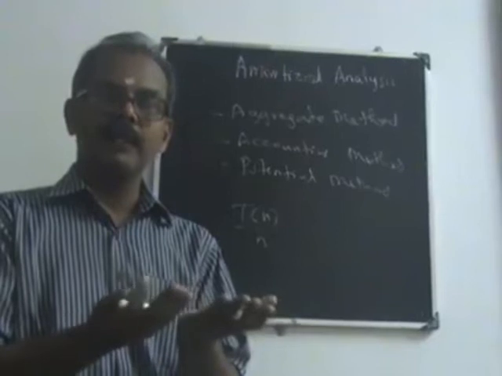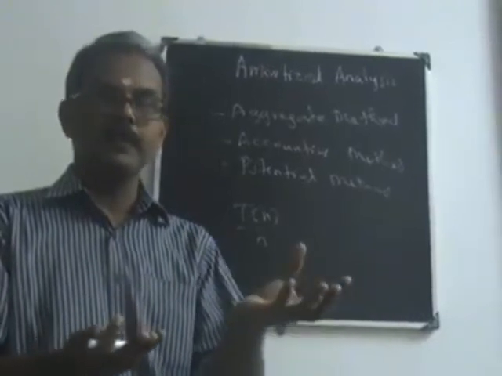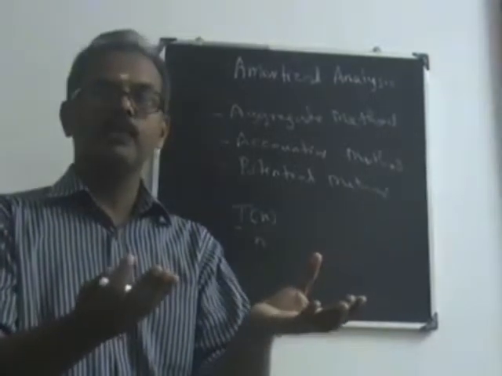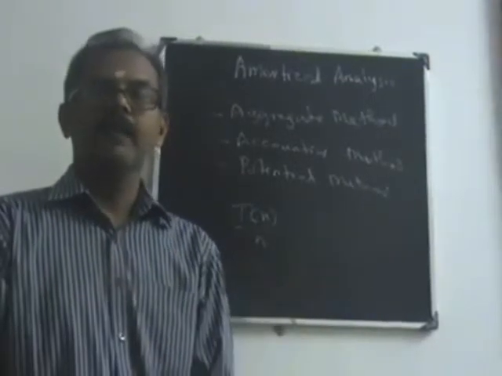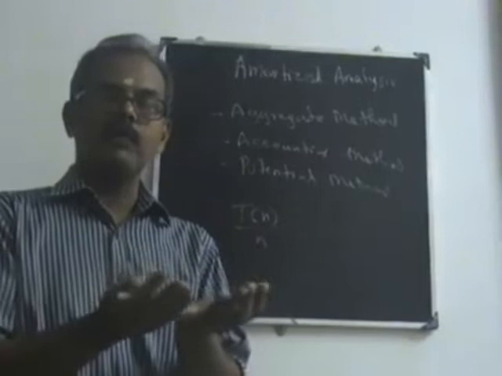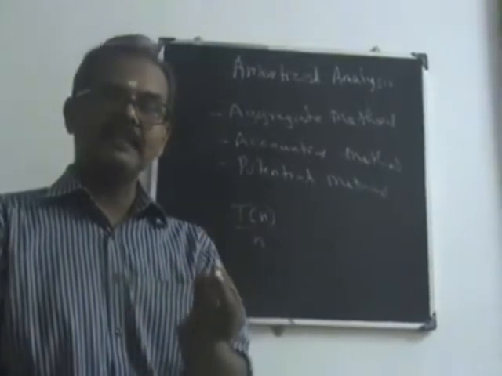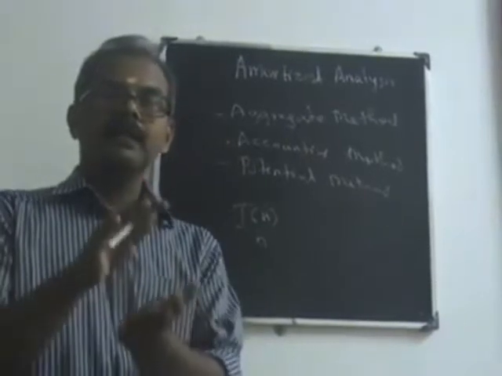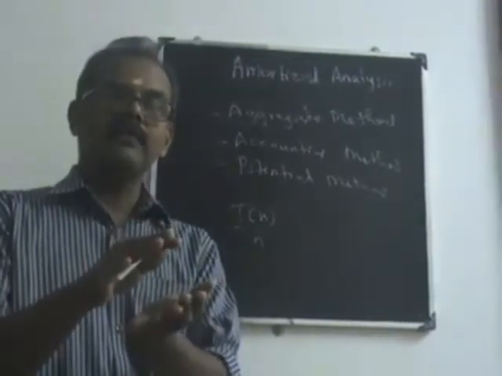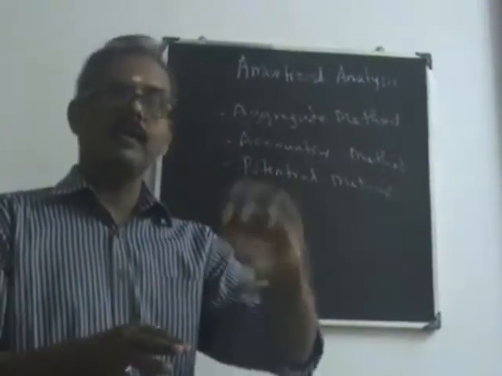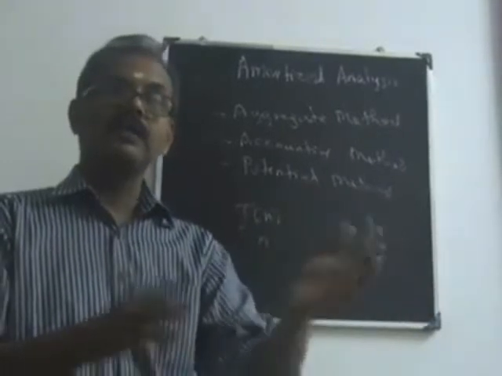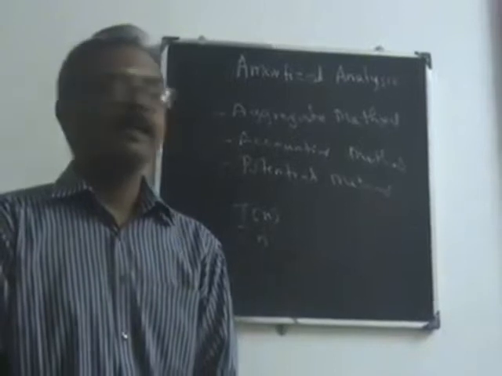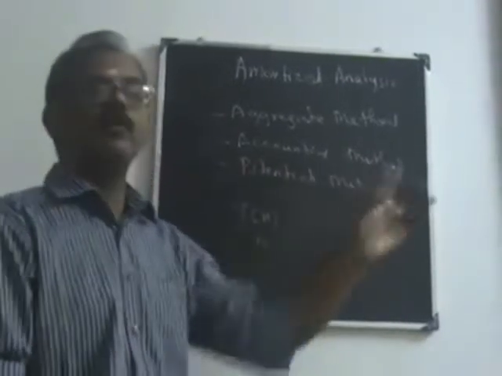But actually, that does not happen because we spend more time on the floating point division, less time on the integer division. Now, in the accounting method, what we say is, whenever some instruction takes less time, the extra time which we can save can be utilized for the instructions that require more time. So that is what we call the accounting method.